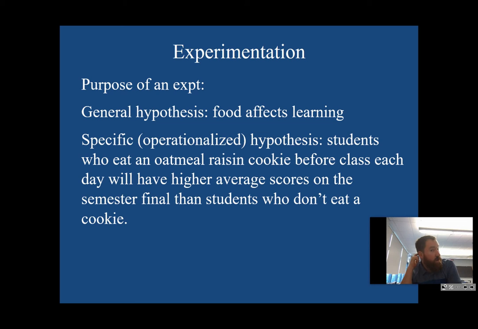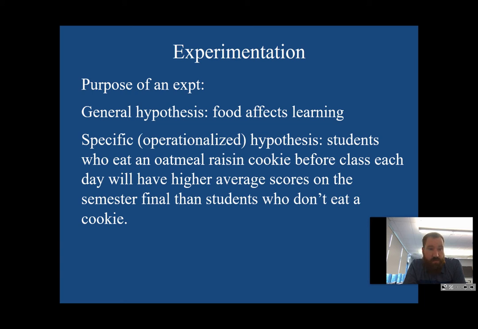Notice that it is a lot more specific, right? The specific part of this is important, which we'll get to later. But in this case, I've operationalized food to mean oatmeal raisin cookie before class each day, and learning as higher average scores on the semester final. And notice here we have students who get the cookie and students who don't get the cookie, right? There's that breakdown as well.